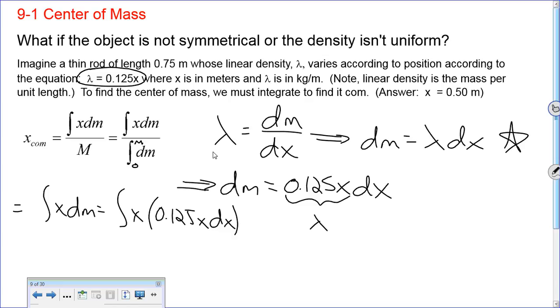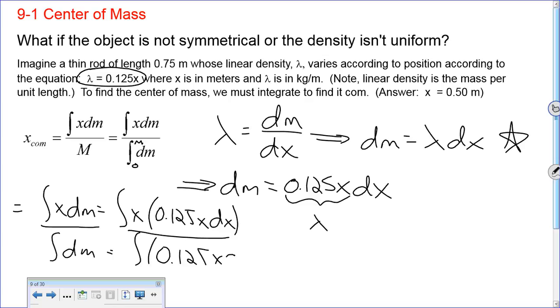Follow? And the bottom of the fraction is the integral of dm, which is the integral of 0.125x dx. Does this make sense or no?